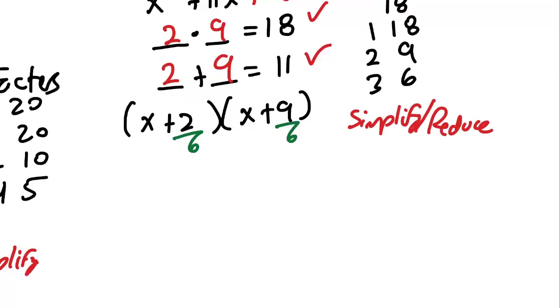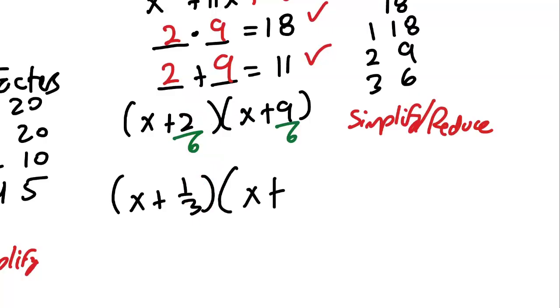Okay, what does 2/6 simplify to? 1/3. Because both of these numbers can both be divided by 2, right? 2 goes into 2 one time, and 2 goes into 6 3 times, right?